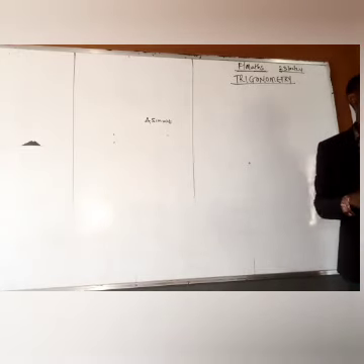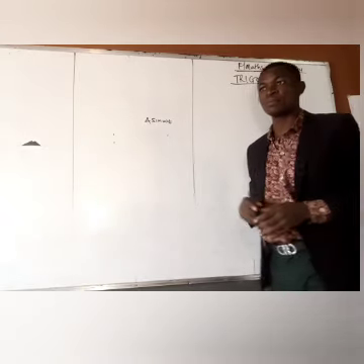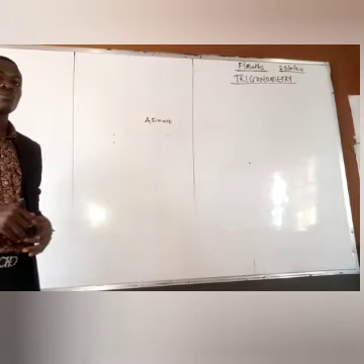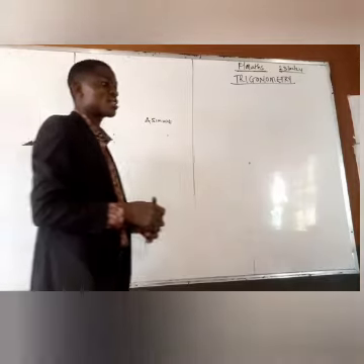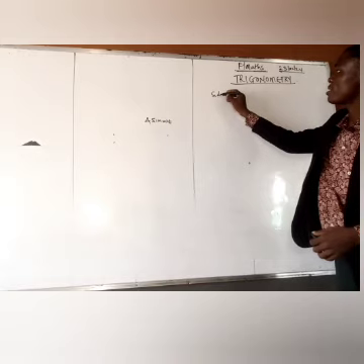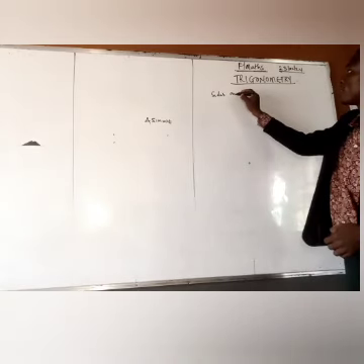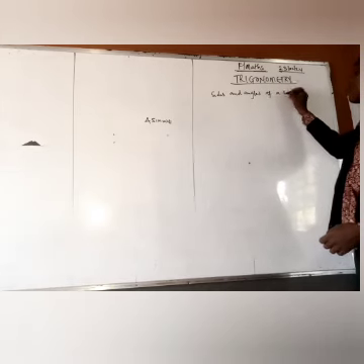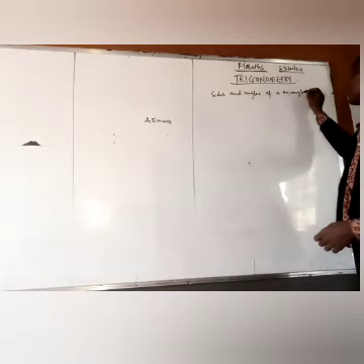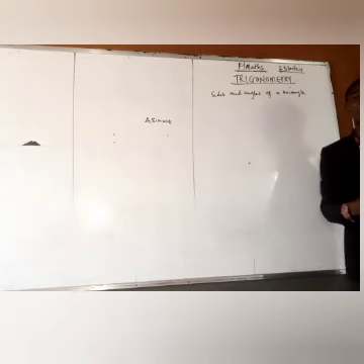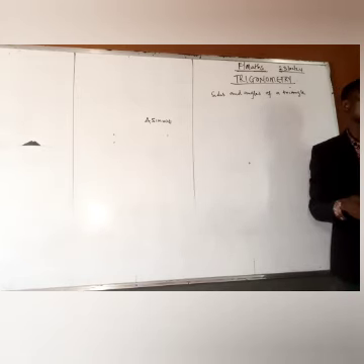A branch of mathematics that studies the relationship between the sides and angles of a triangle. The sides and angles of what? Of a triangle. So you can see we're focusing majorly on a triangle.